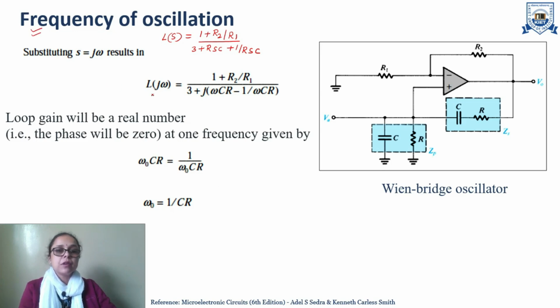To find out the frequency of oscillation, we will put S equal to j omega in this expression.